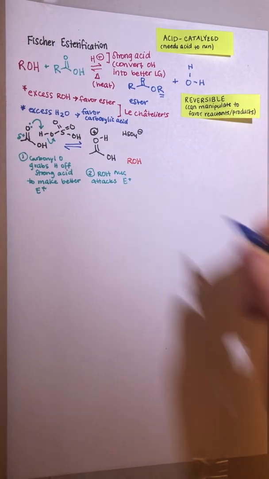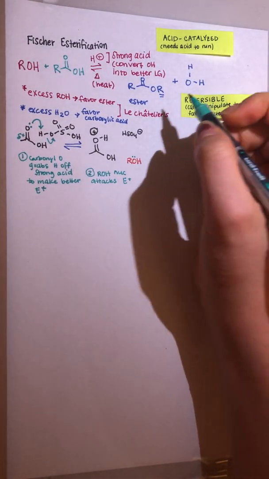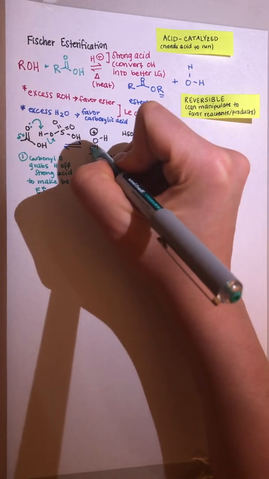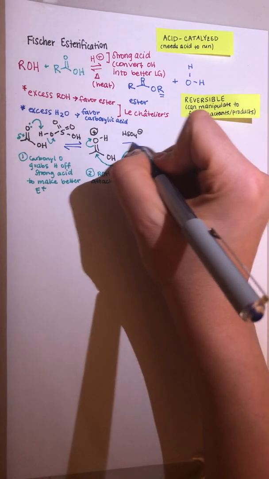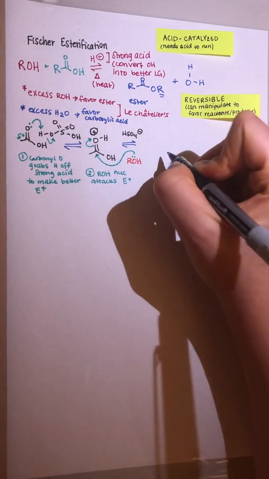These lone pair electrons are going to act as the nucleophile, and we're going to open up this double bond O and quench that positive charge. Don't forget your arrows.